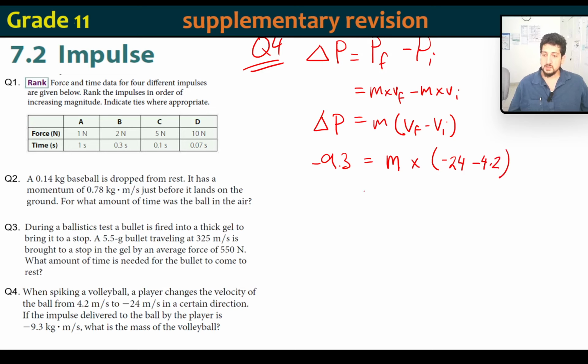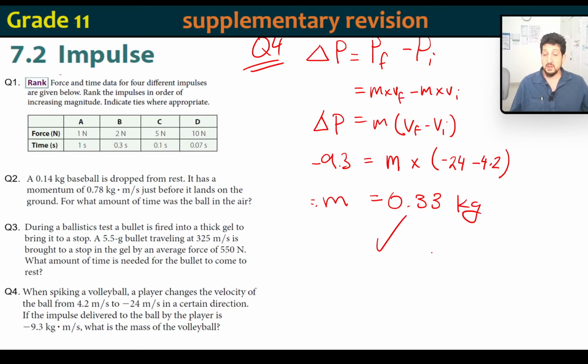So therefore mass equals negative 9.3 divided by (negative 24 minus 4.2), and that gives you a mass of 0.33 kg, which is about right for a volleyball.